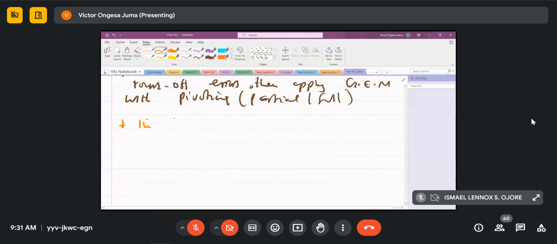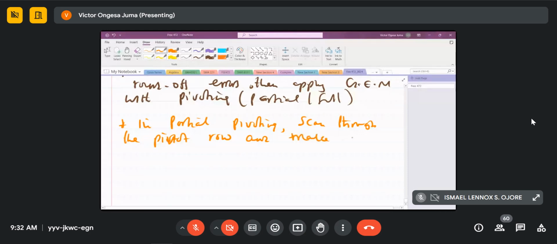So in partial pivoting, scan through the pivot row and make the pivot element the one with largest magnitude in that row.